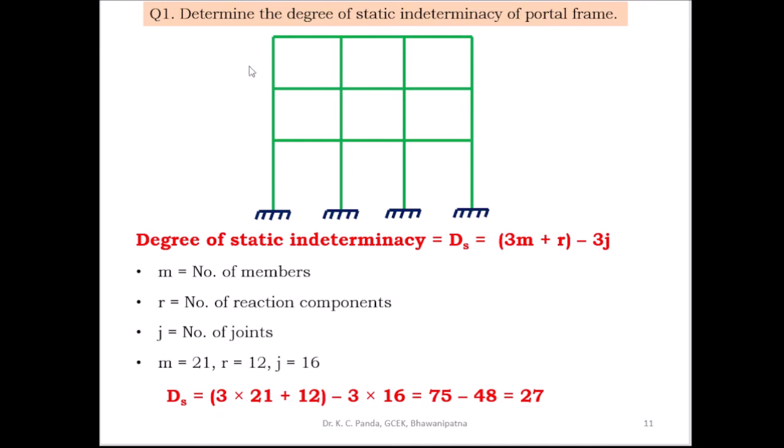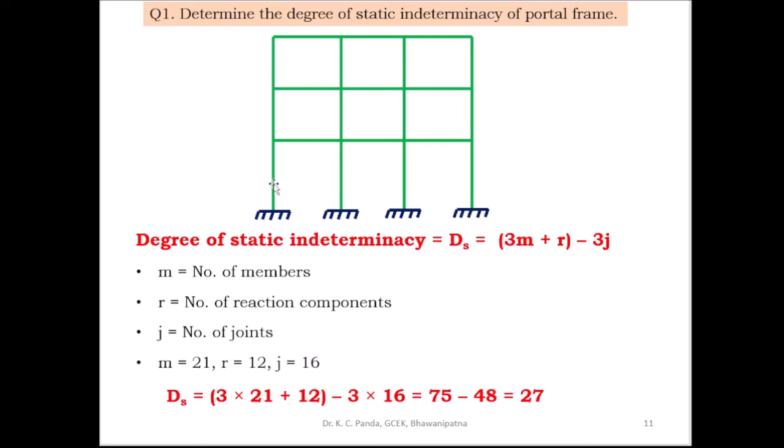This is a rigid jointed plane frame, and here you have to find out the degree of static indeterminacy using this equation, ds is equal to 3m plus r minus 3j. So here you have to count the number of members, number of reaction components and number of joints. First count the number of members in this portal frame.